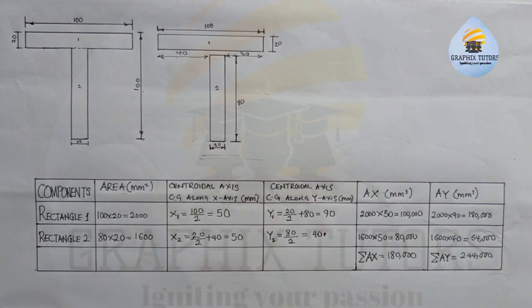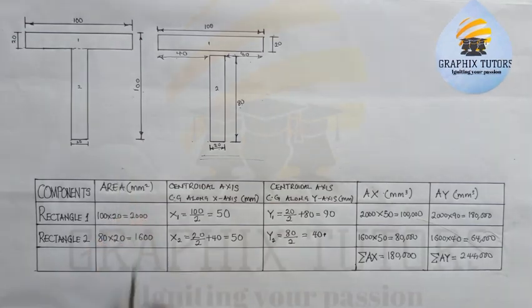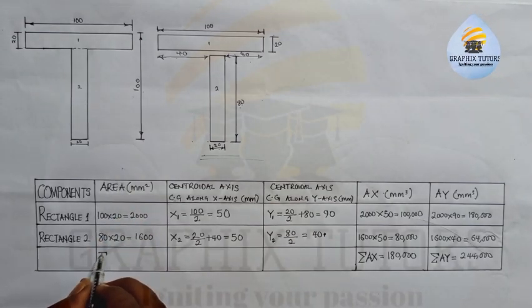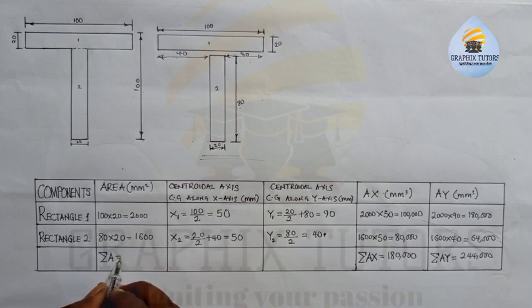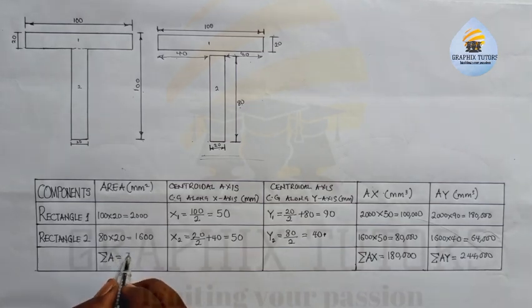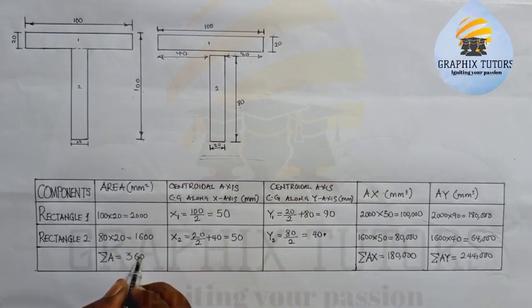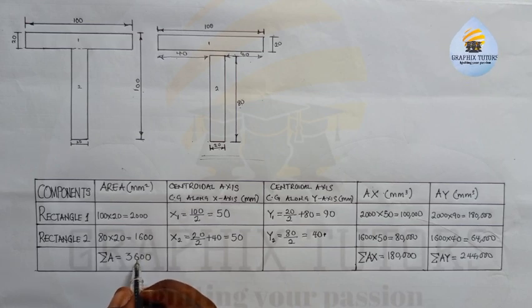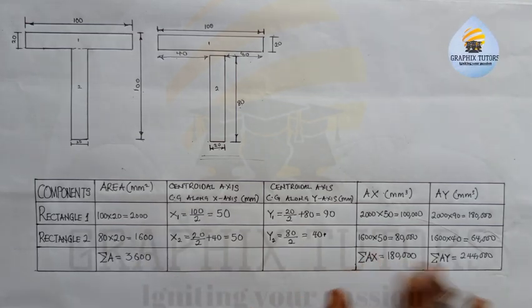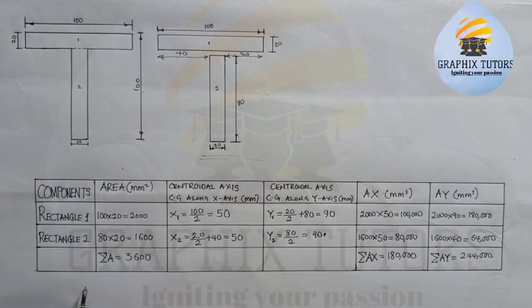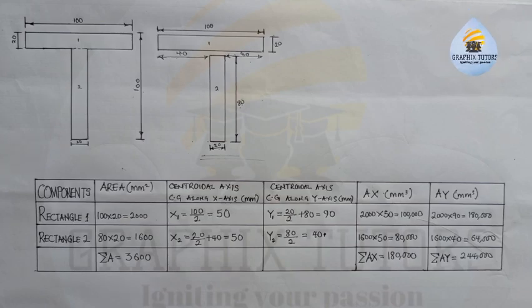Now the next thing is the summation of the area. So we're getting the summation of A, and that will give us 3,600. So from here we've gotten everything we need. We'll now write it this way. Let me take this upward.